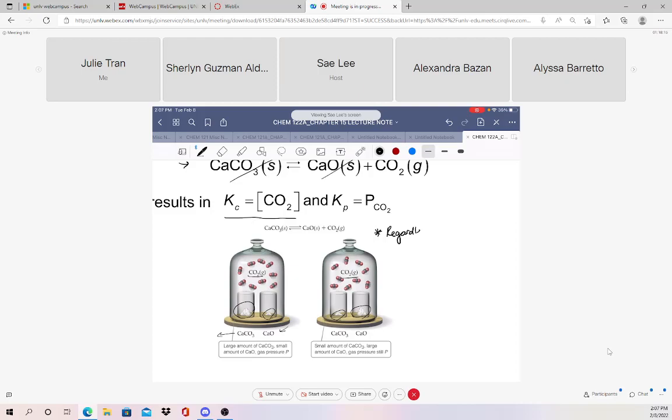Regardless of the amount of substances, I'm talking about pure solid substances, you have equal amount of carbon dioxide at equilibrium.